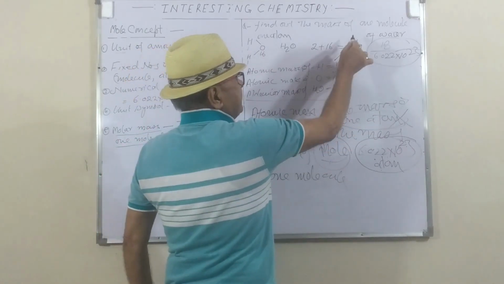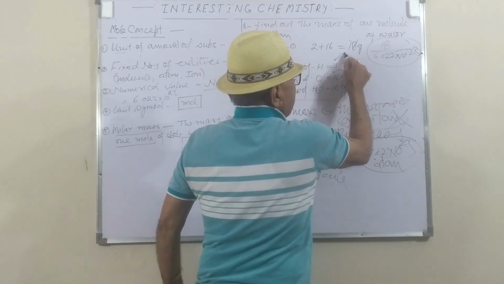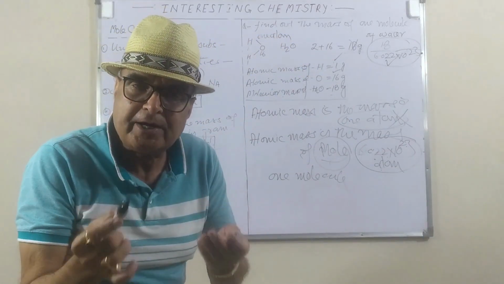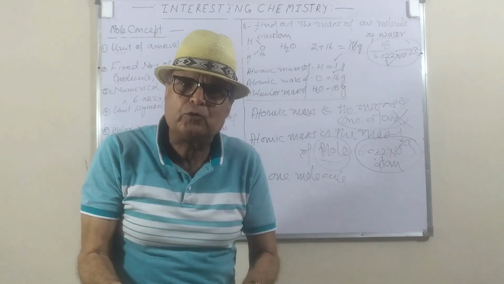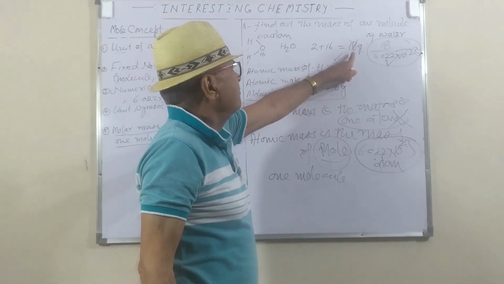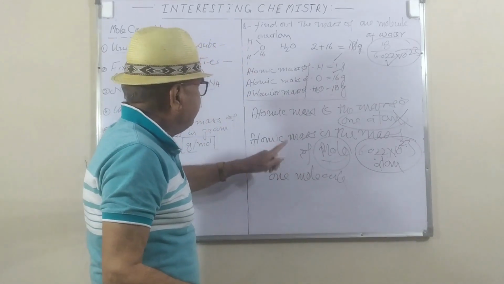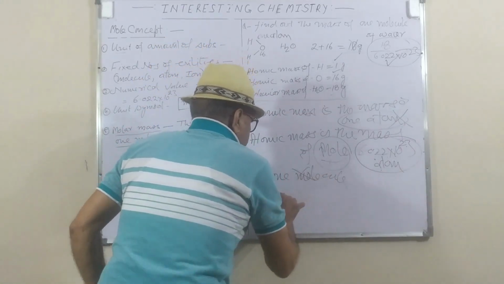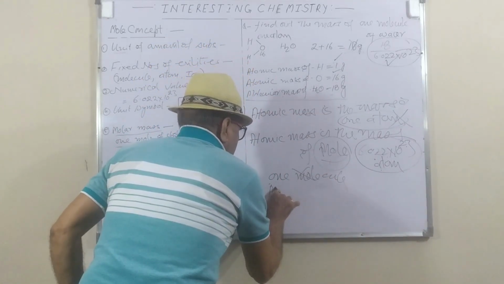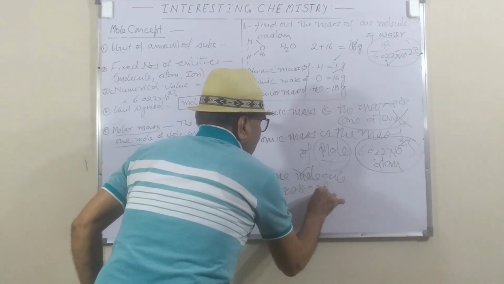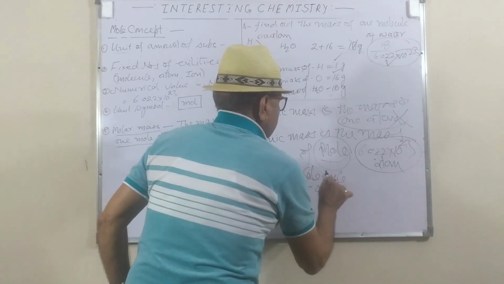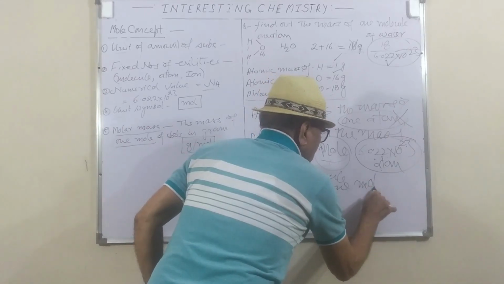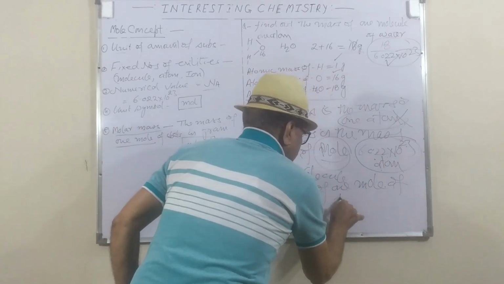But you gave me the answer that it is the mass of one molecule, so I have said that this is wrong. It is the mass of 1 mole of H2O.